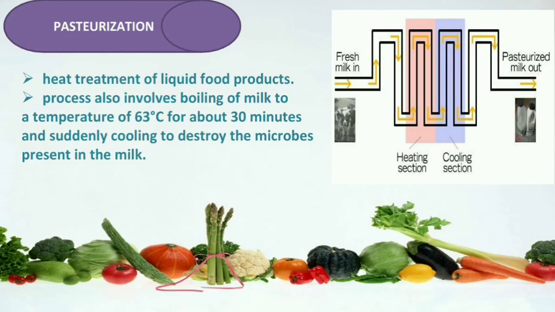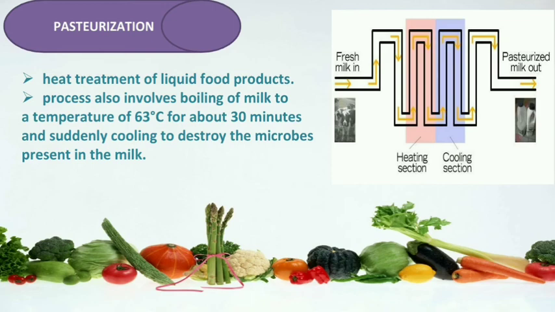How does pasteurization work? The liquids are pasteurized while flowing through a pipe along one section. Heat may be applied directly or using steam or hot water. Next, the liquid is cooled. The temperature and duration of the phases are carefully controlled.